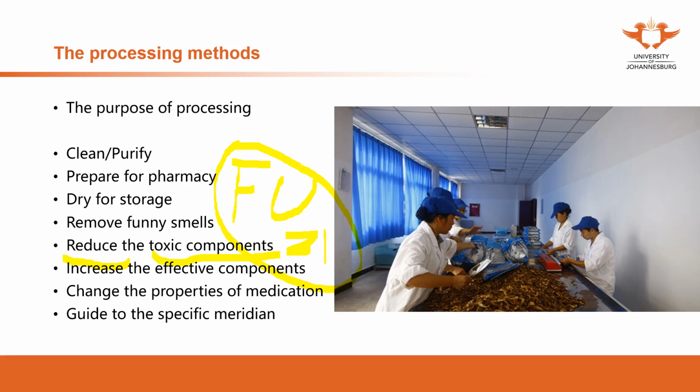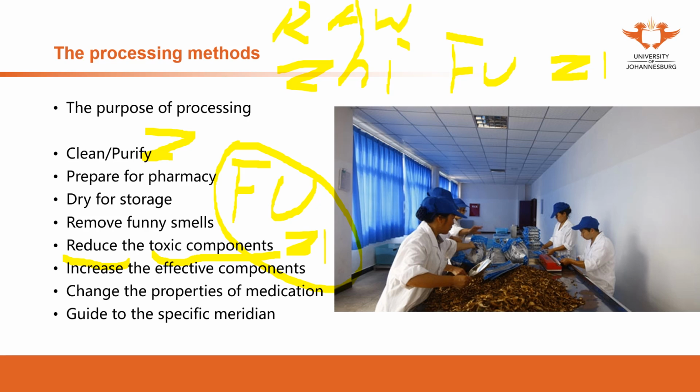That's why we need to process the foods. Then in the prescription, we will write 制麸质. 制 in Chinese means processed. So in this way, we don't use raw foods. If you use raw, the toxic component will be too high, and it is not safe for the clinical practice.